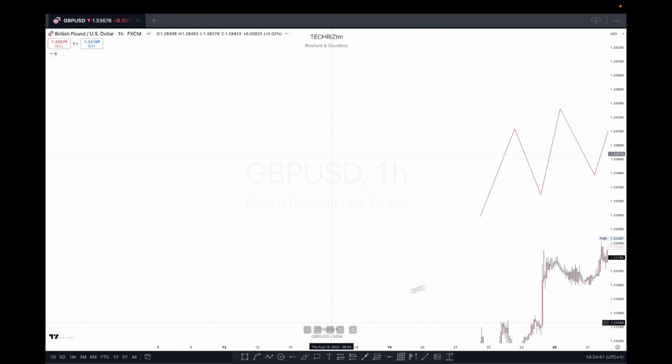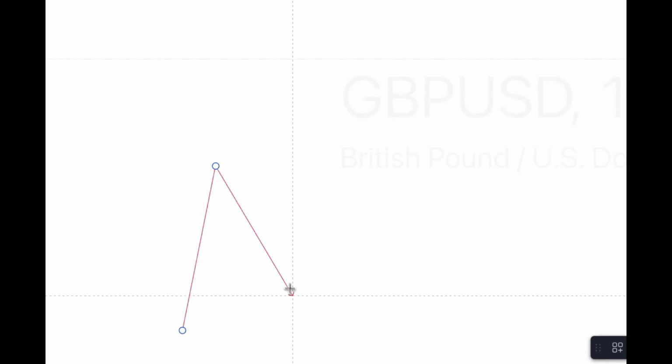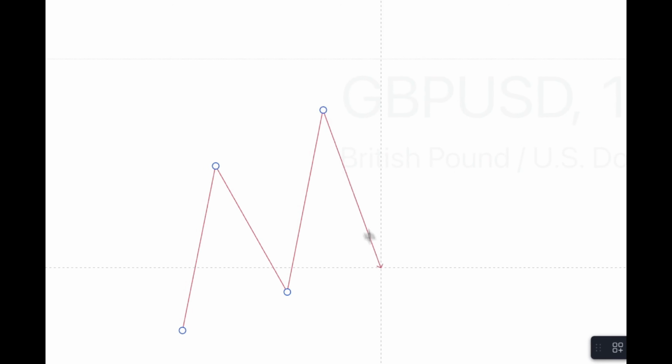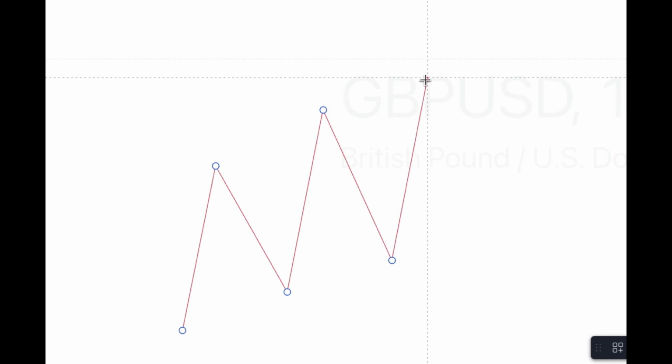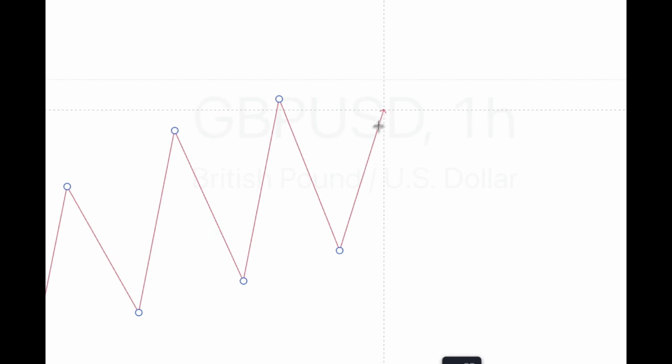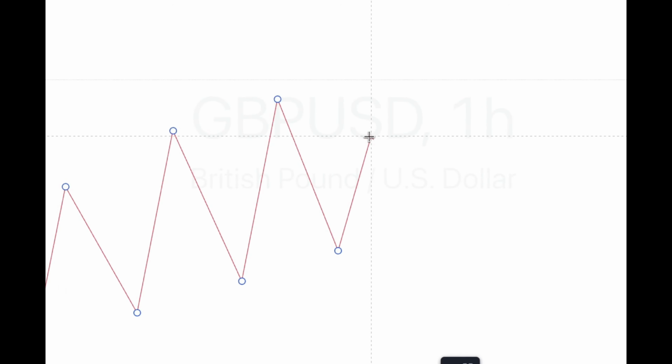So let's say you're trading like this, and then this happened, you had a shift, but let's say price came here and stopped and you had a shift, right?